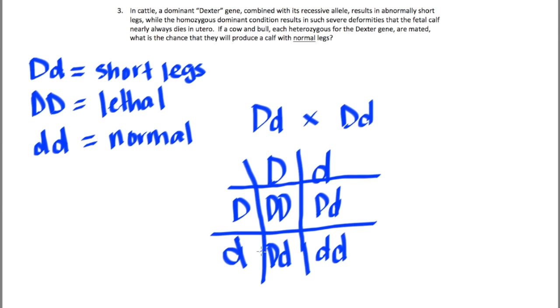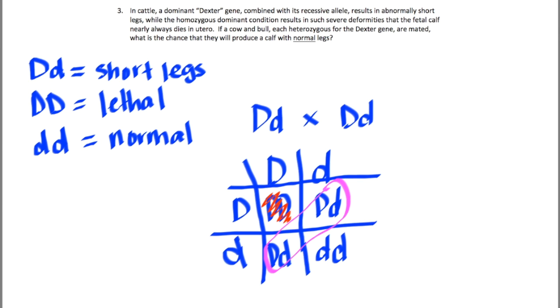So let's see. This one would be lethal, right? So there's one that's lethal. These 2 here would have short legs.